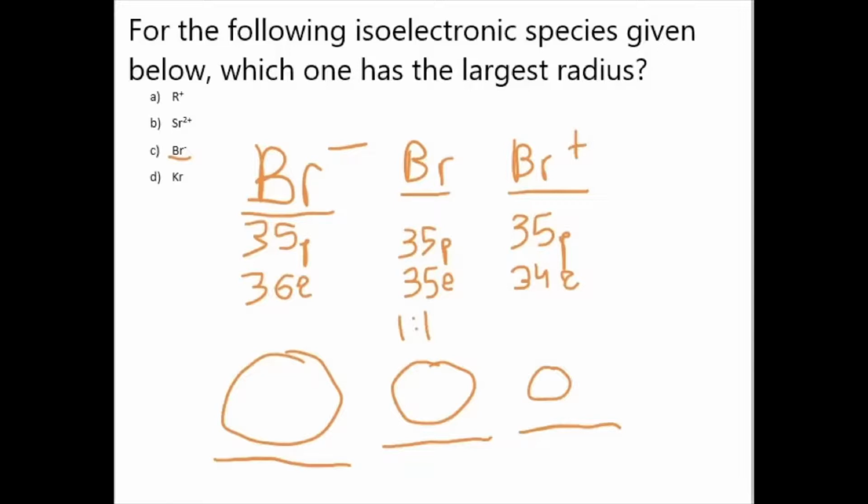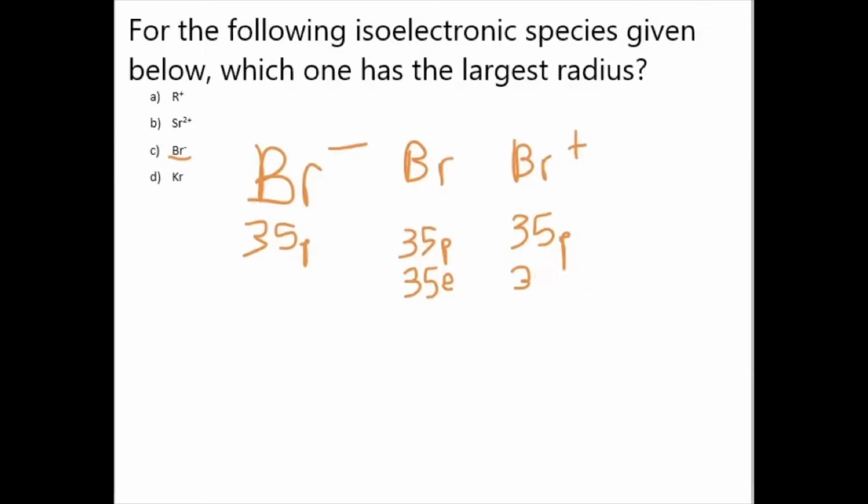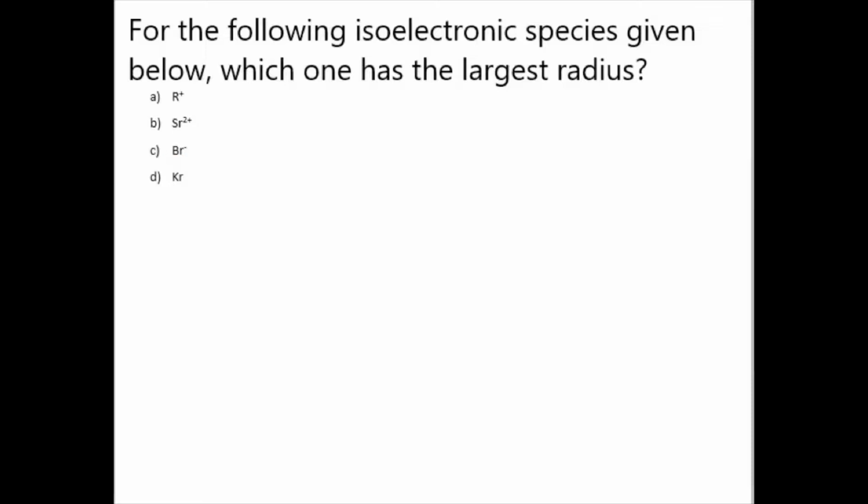So now that we have that set up and we know what's going on, we can now dissect each element and see which one has the largest radius. And some of you may say, well, this has a negative charge, and this has a 2+ charge and a plus charge, but they're all in different spots on the periodic table. Well, when we're talking about atomic size, we never just look at where it is on the periodic table unless they're all neutral or they all have the same charge.